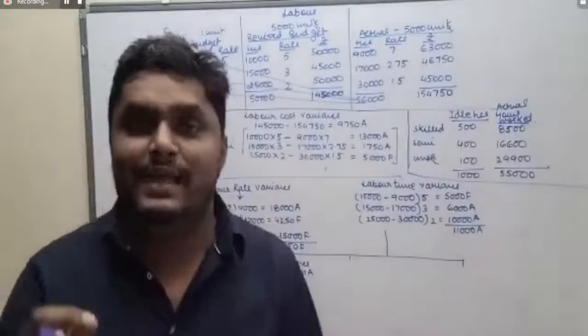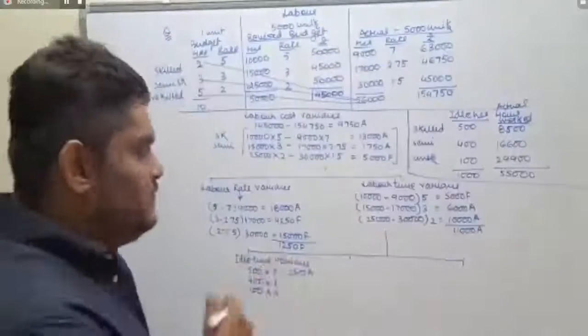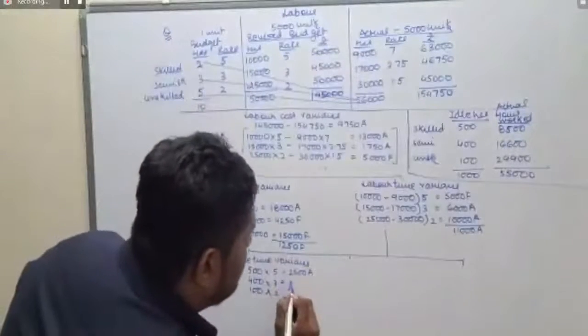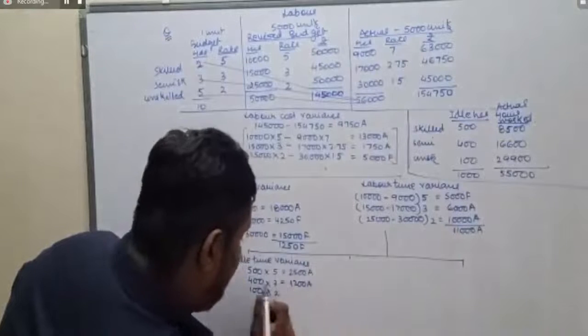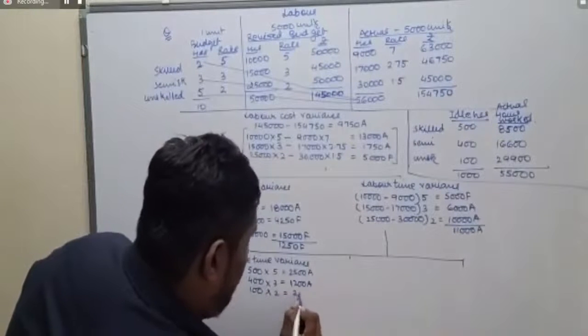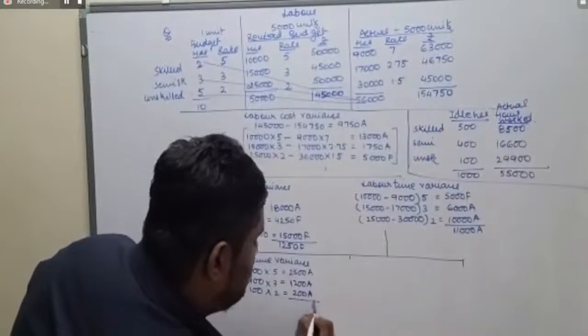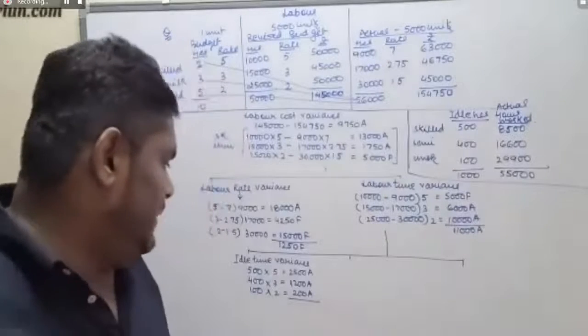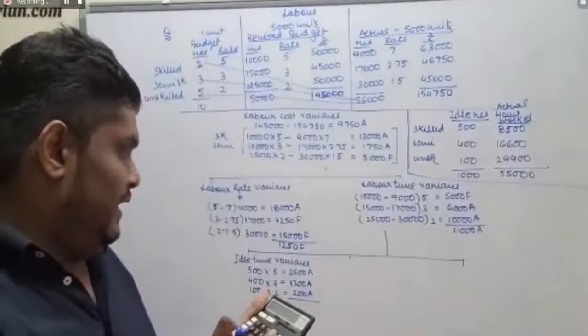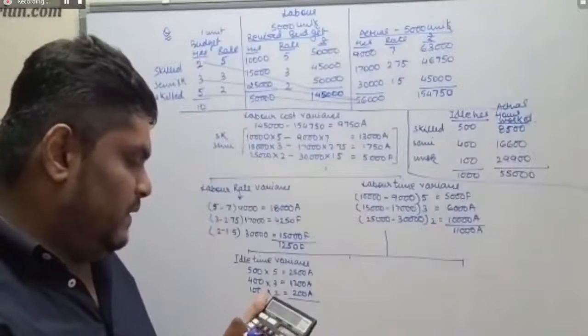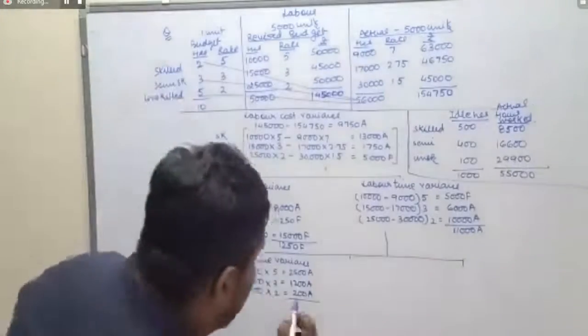Since idle hours are a loss for the management, that's why it will be adverse. 1,200 adverse and 200 adverse. So in aggregate, it will be 2,500 plus 1,200 plus 200, that is 3,900 adverse.